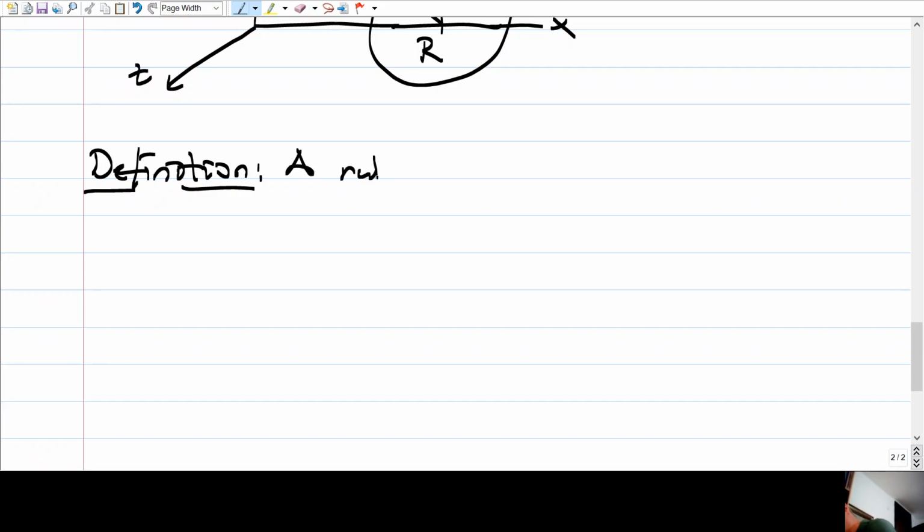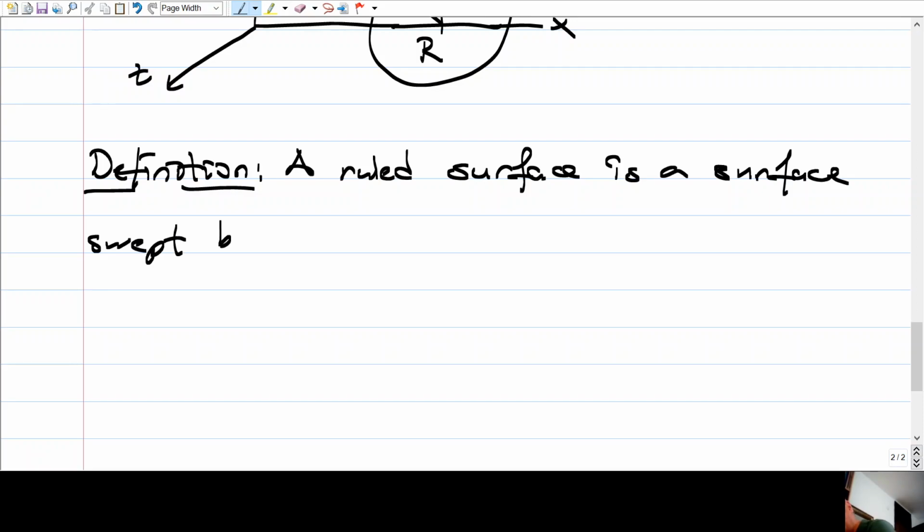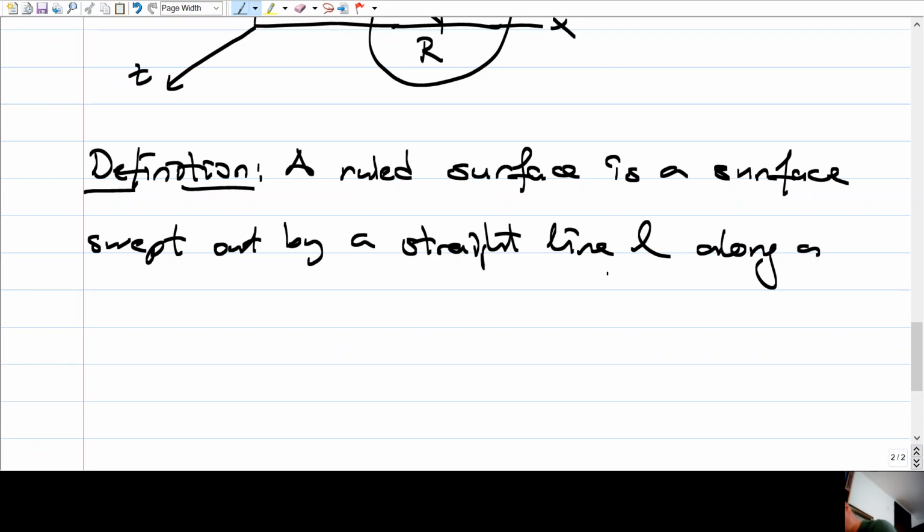A ruled surface is a surface swept out by a straight line L along a curve beta.